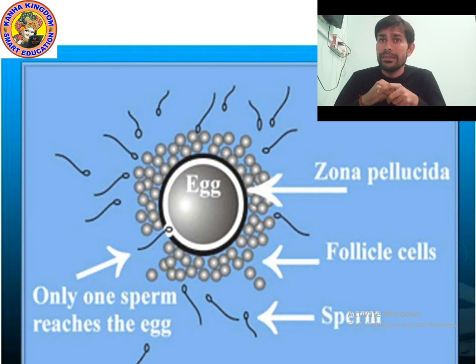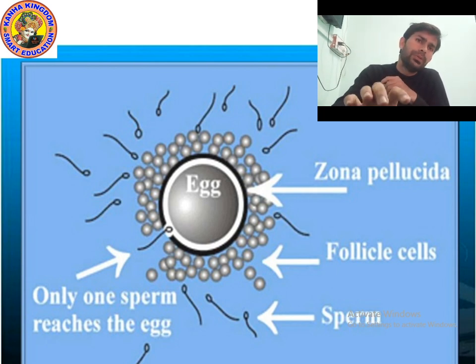The term ovule is used for the young ovum of an animal, as well as for a plant structure. This ovule carries the female gametophyte, the egg cell, and develops into a seed after fertilization. I hope you understood.